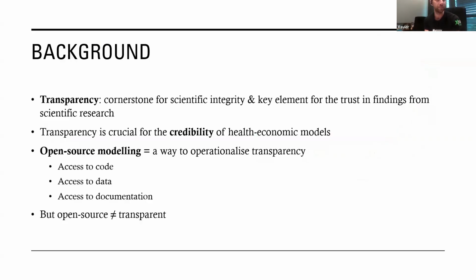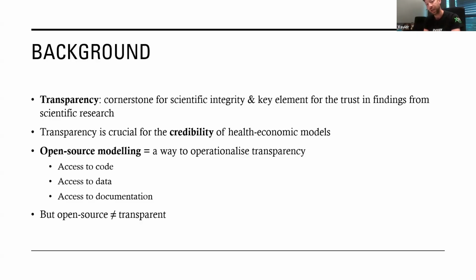So transparency is a cornerstone of scientific integrity and a key element to bring trust in the findings of scientific research, but also transparency of health economic model is crucial to ensure these models are credible. And one way to operationalize this transparency is to develop open source models.